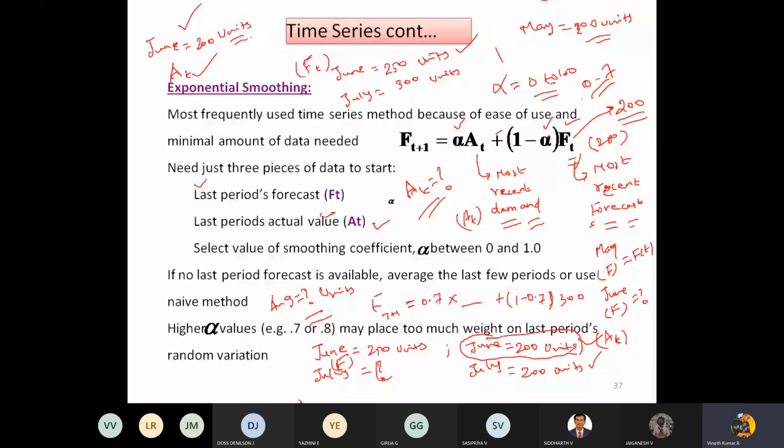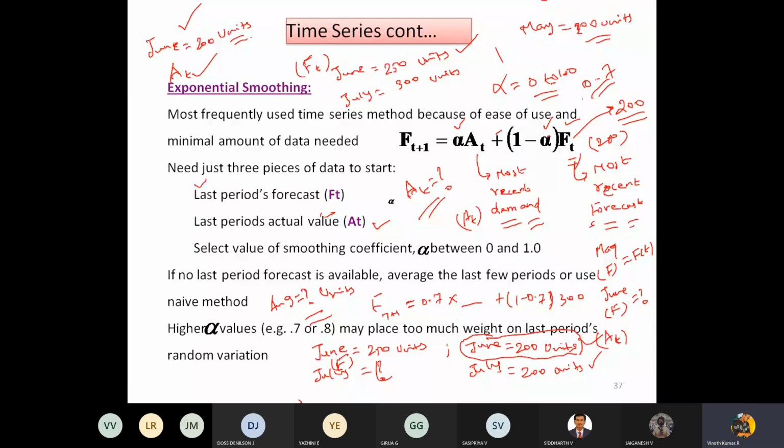So here, see, read out the last point. The higher alpha value, for example 0.7 or 0.8, may place too much weight on the last period's random variations, right? Yes, Jay Ganesh, have you read out this last line?